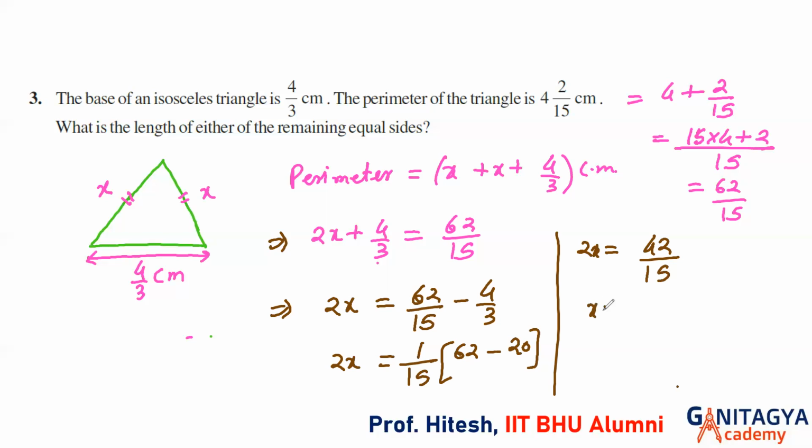So I can write x will be 21 upon 15. I will divide by 3. So 7 upon 5 is the correct answer. This much centimeter is x, this is also 7 by 5 centimeter.